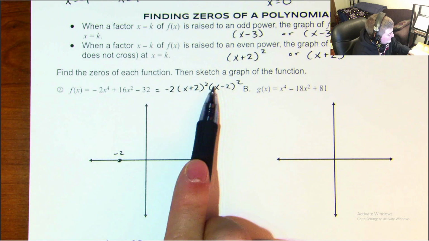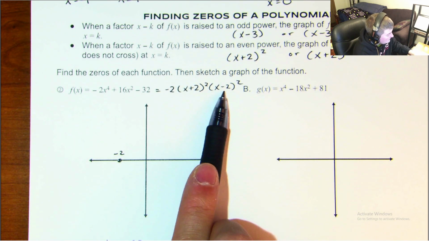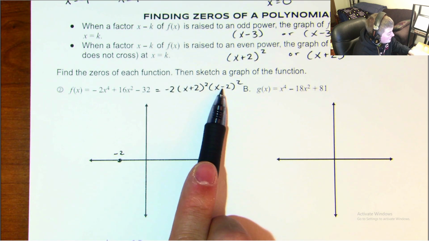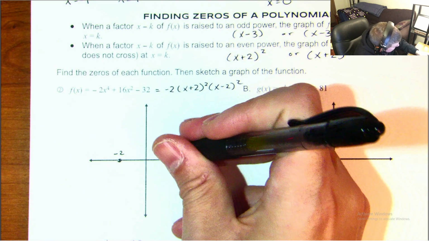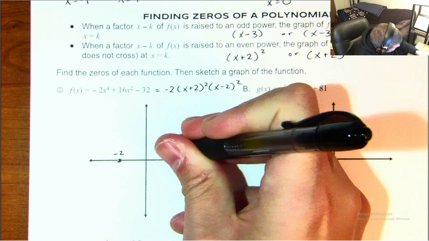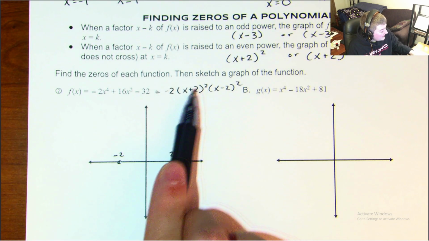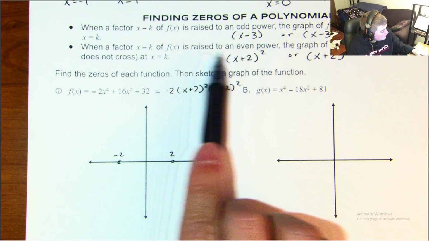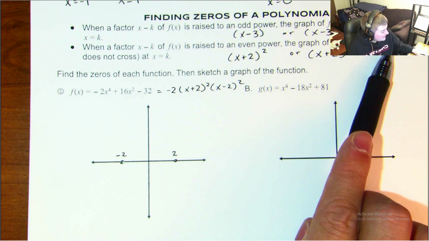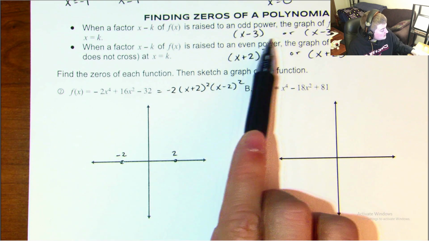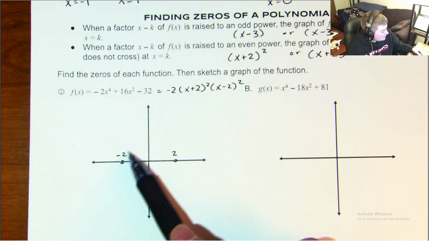What's the x value that makes the other factor 0? Well, it's +2. So my graph is going to cross or touch the x-axis at +2. Now we just have to figure out whether my graph touches the x-axis there or crosses through it. These factors are raised to an even power, so it's just going to touch the x-axis. If they were raised to an odd power, it would go right through.